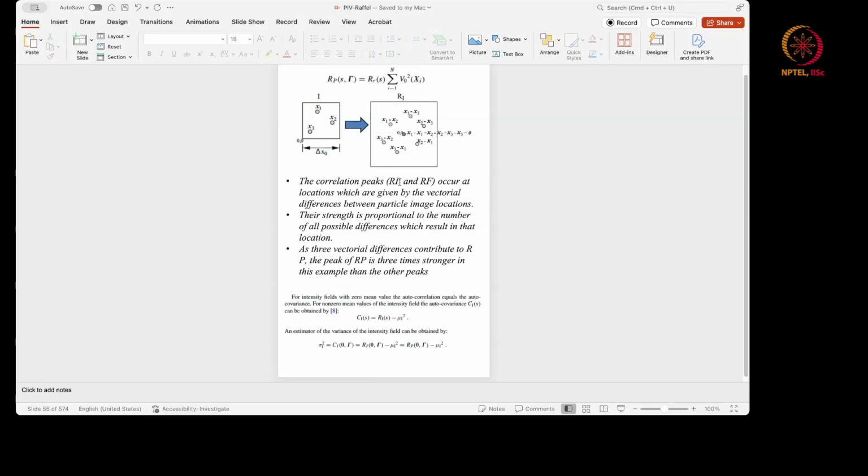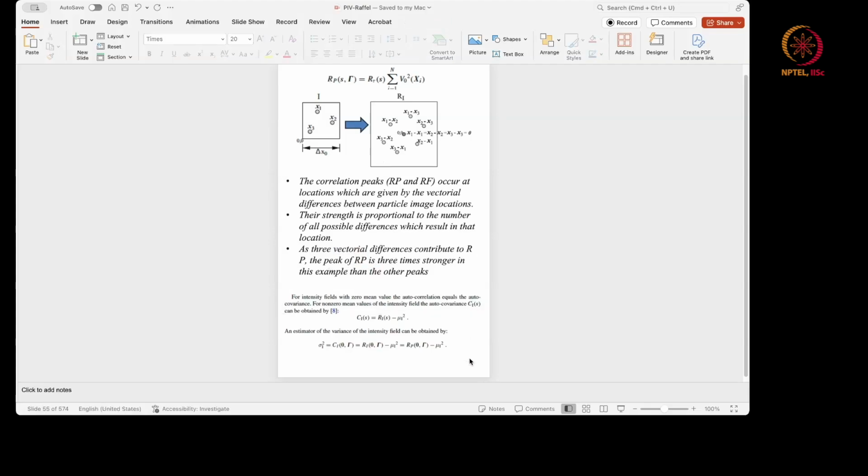The correlation peaks R_P and R_F occur at locations which are given by the vectorial differences between the particle image locations. You can see that their strengths are proportional to the number of all possible differences which result in that location. As there are 3 vectorial differences which contribute to R_P, the peak of R_P is 3 times stronger in this example than other peaks.